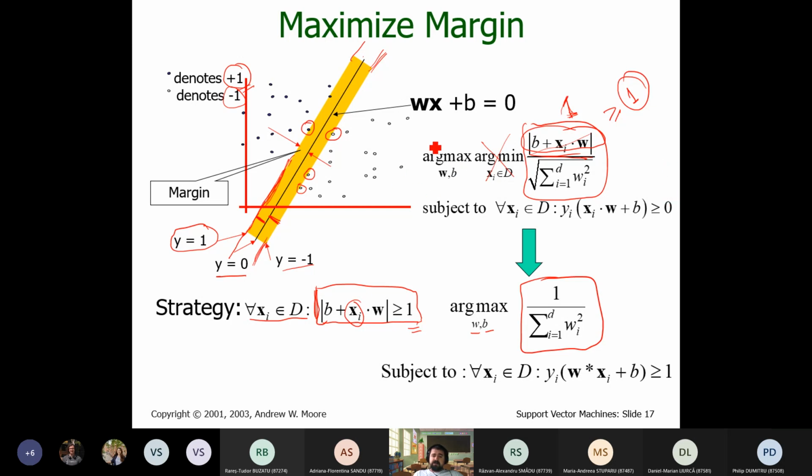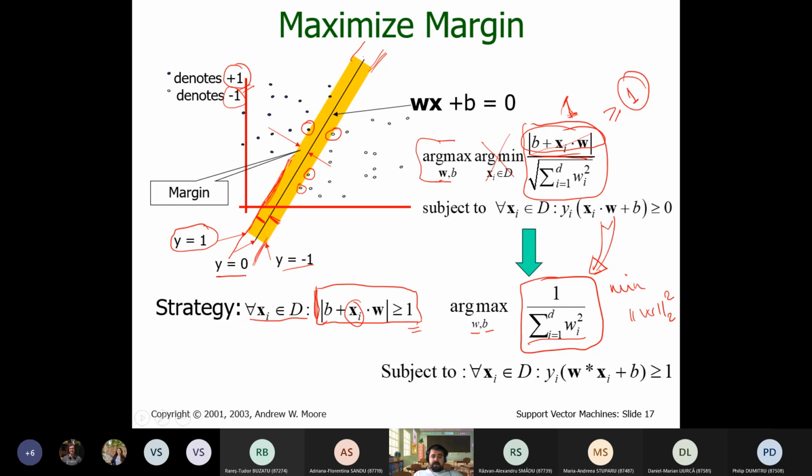So it means that the maximization of the margin is somehow simplified in this form. All we need is to find the W and b that will maximize 1 over the square root of the summation of W squared, which means to minimize the norm of W. Okay?